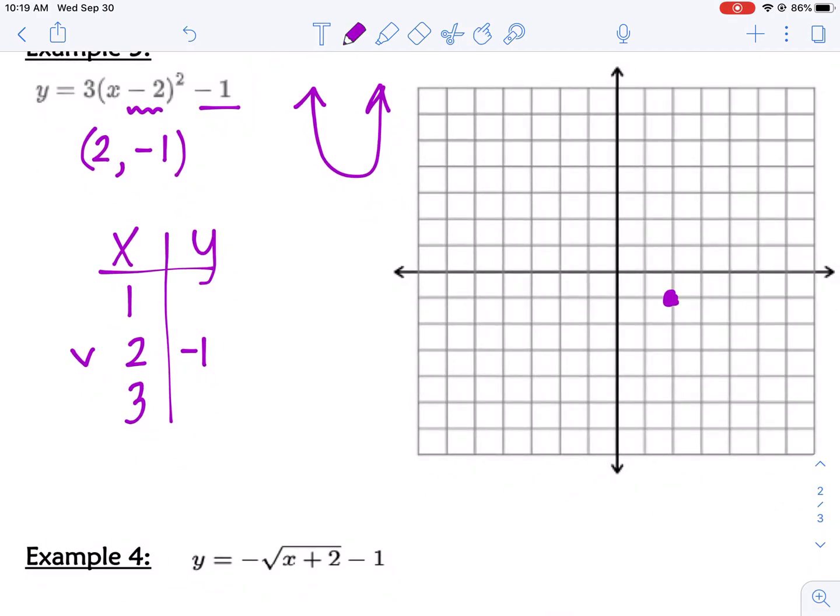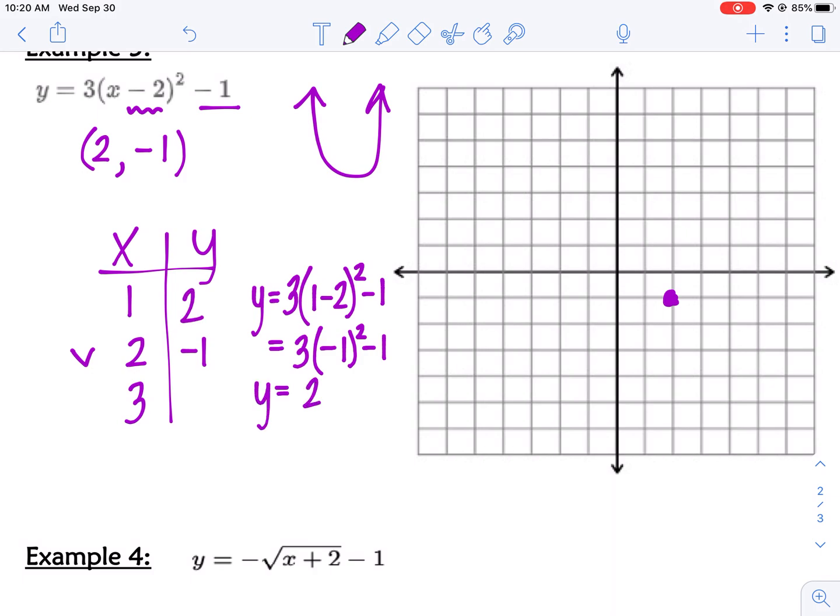So if I plug in x is 1, in the original problem, instead of x, you put a 1. This becomes (-1) squared. Remember, (-1) squared is +1. Times 3 is 3, minus 1 is 2. So the y value should be 2.